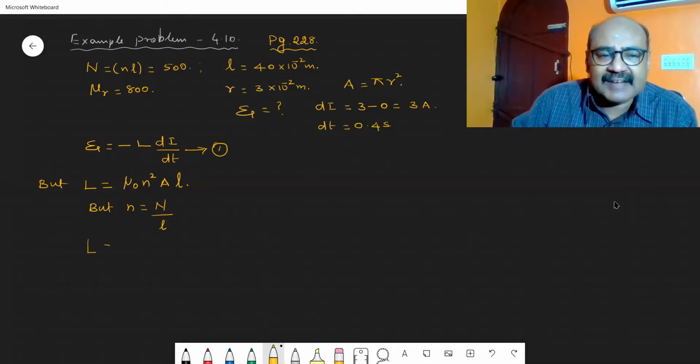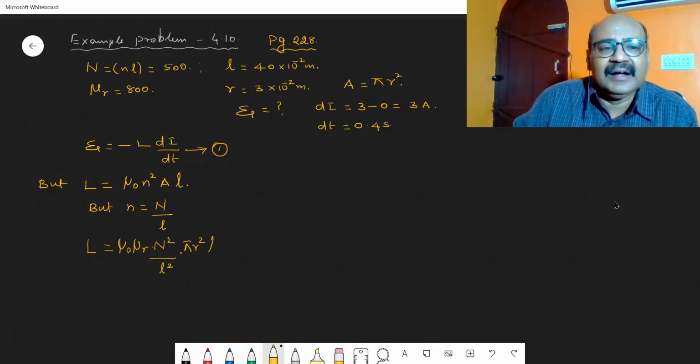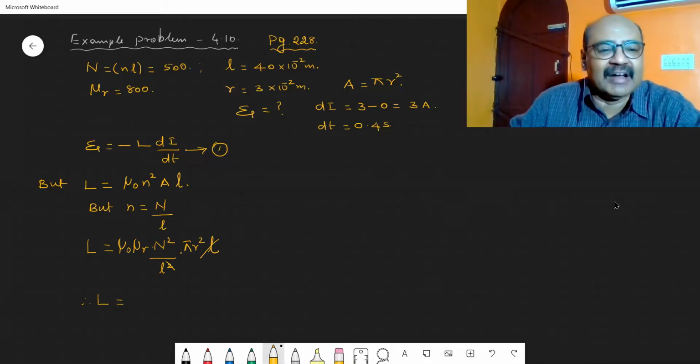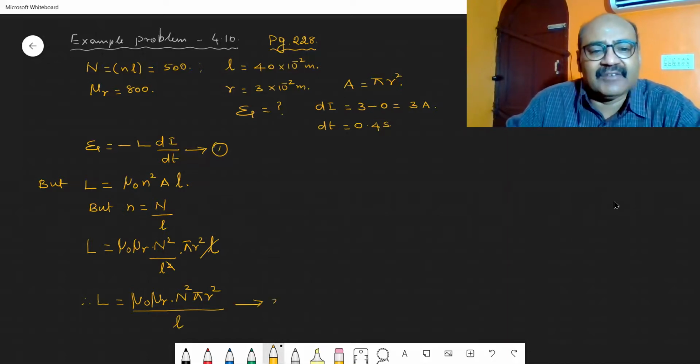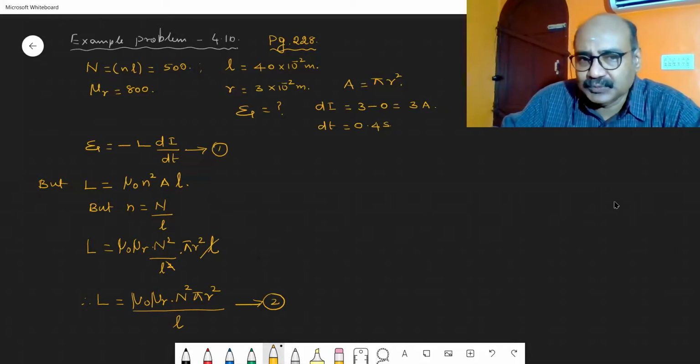So I can write L equal to mu 0 into mu r multiplied with small n square, which can be written as capital N square divided by L square, into, instead of area, pi r square into L. Here I can cancel one of the lengths. Therefore, the coefficient of self-inductance L is equal to mu 0 into mu r into N square into pi into r square divided by L. Take this as equation number 2.